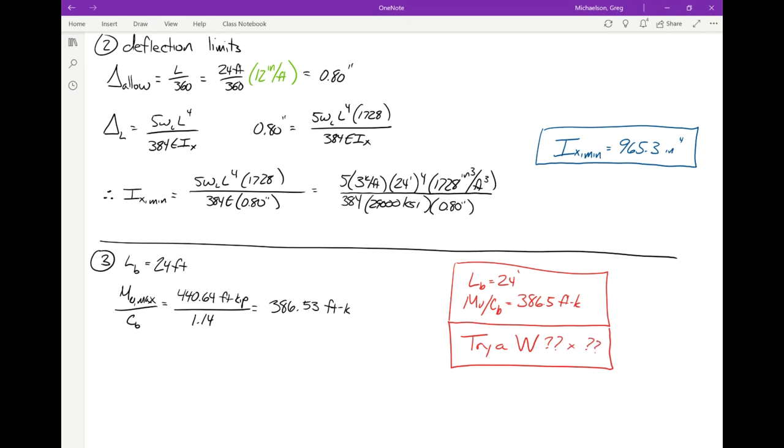I want everybody to go into table 3-10. Remember, on the x-axis it's 24, on the y-axis 386.5. I want you to tell me what section we should be using based on what's in the manual.